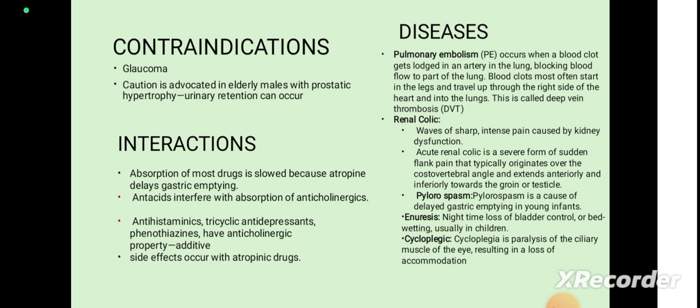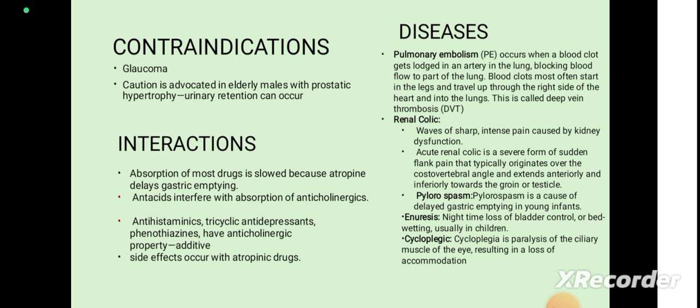Then we have diseases. Pulmonary embolism, PE, occurs when a blood clot gets lodged in an artery in the lung, blocking blood flow to part of the lung. Blood clots most often start in the legs and travel up through the right side of the heart and into the lungs. This is called deep vein thrombosis.